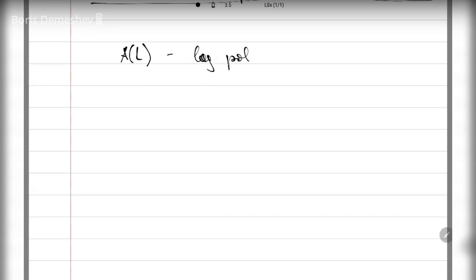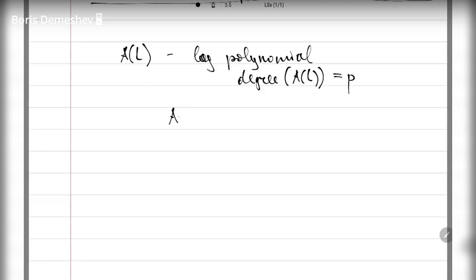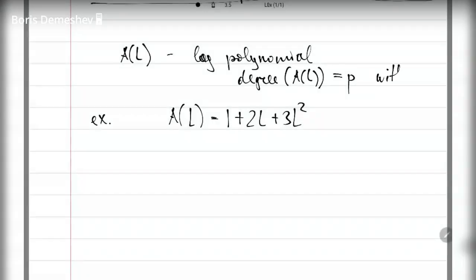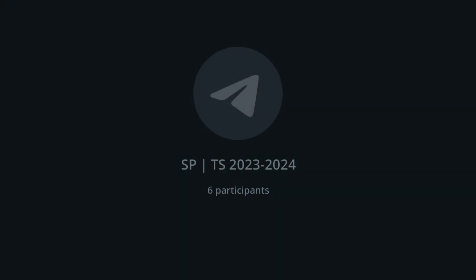So first, let's write. A of L will be some lag polynomial of degree P. So A of L is something like, I don't know, 1 plus 2L plus 3L squared, something like this, a lag polynomial of degree P with initial coefficient normalized to 1.